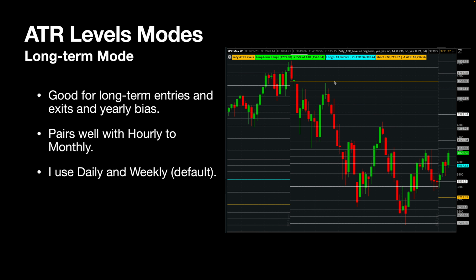Went back up to about 46.50, and then absolutely broke down and went to -1 ATR, and then went to -2 ATR yearly levels. Pulling back and then continuing down, and then of course recovering the 1 ATR before continuing lower.